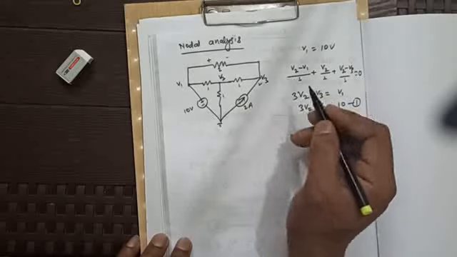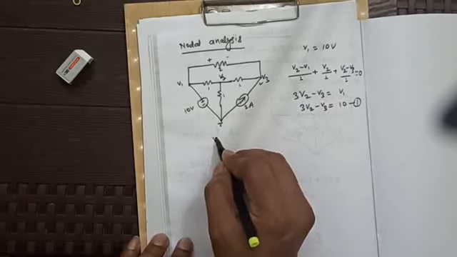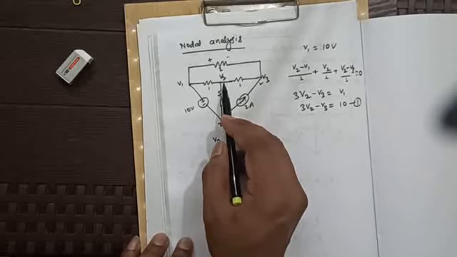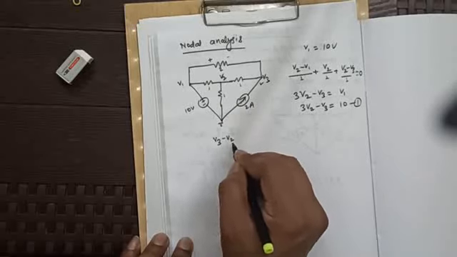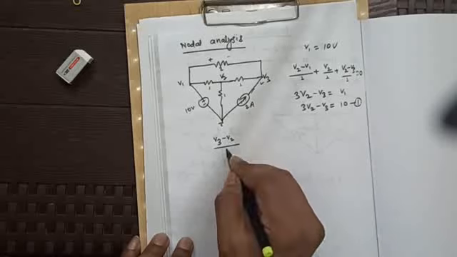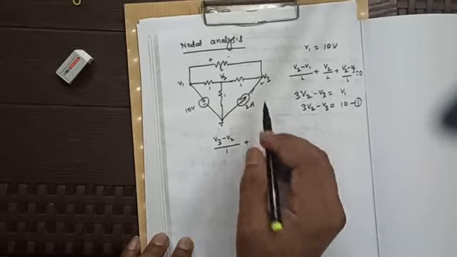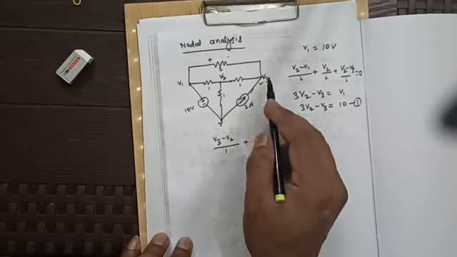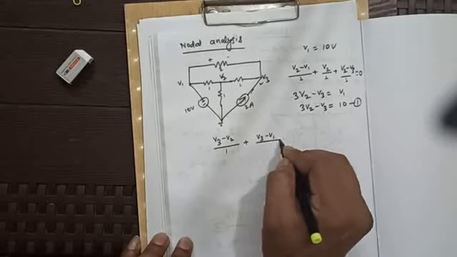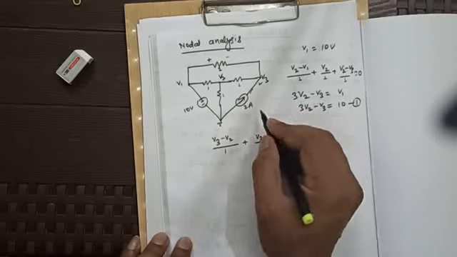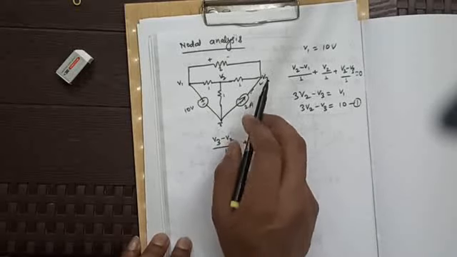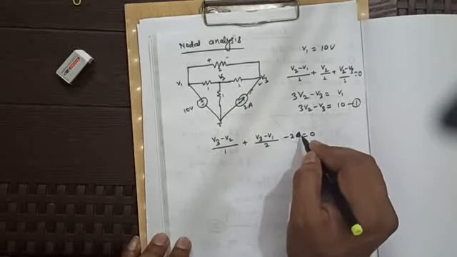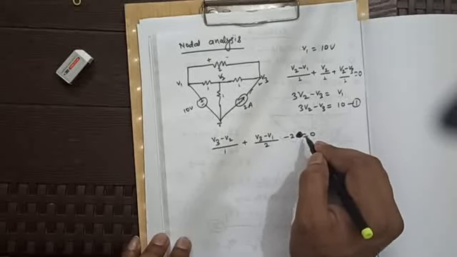Now writing KCL here, what we will have? V3, one current will go here, V3 minus V2 by 1 ohm plus one current will go here, V3 minus V1 by 2, and since this current is entering, I am writing minus 2, is equal to 0.